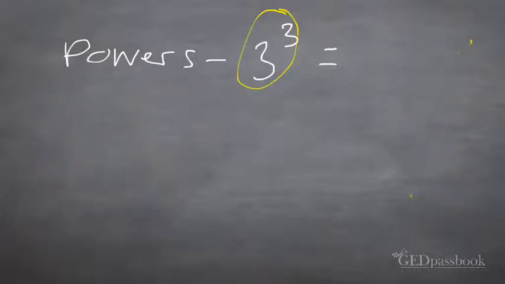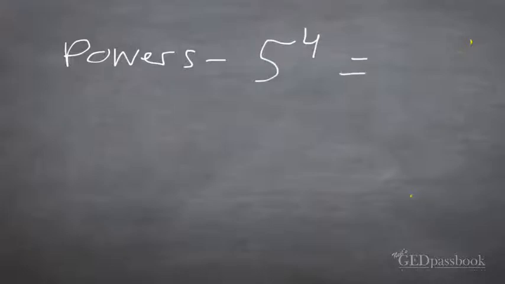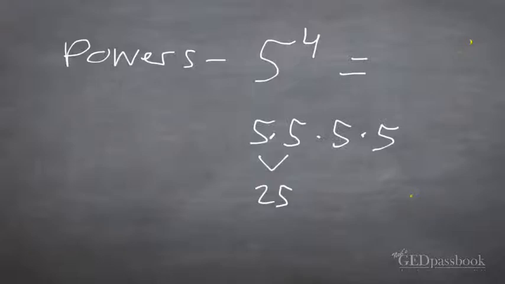And obviously the pattern goes on. That same pattern could go on for any number. 5 to the power of 4. What is 5 times 5 times 5 times 5? This is an example of how big numbers could get when powered. Let's do this. What's 5 times 5? Then ask yourself, what's 25 times 5?